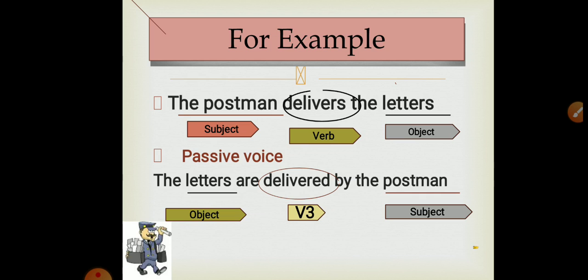Then are, because the above sentence is in the simple present tense, so we add are over there, and the V3, the past participle of deliver, is delivered. And the subject, the postman, we have to write in the place of the object. So here, by the postman.